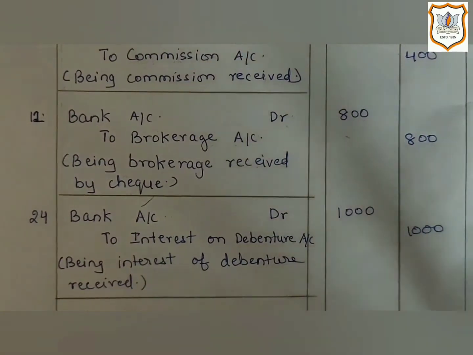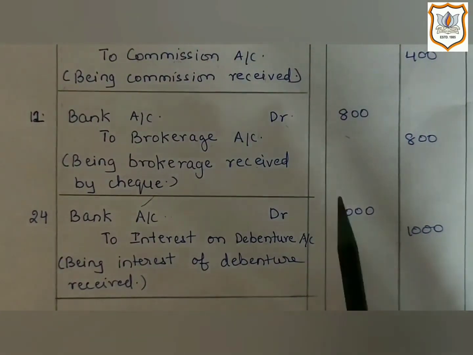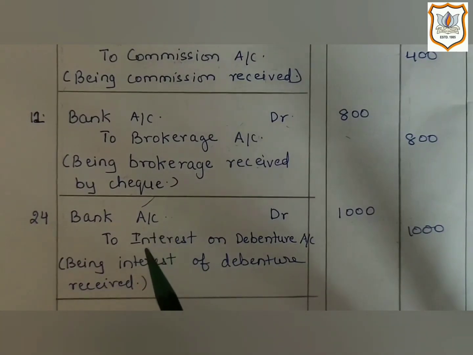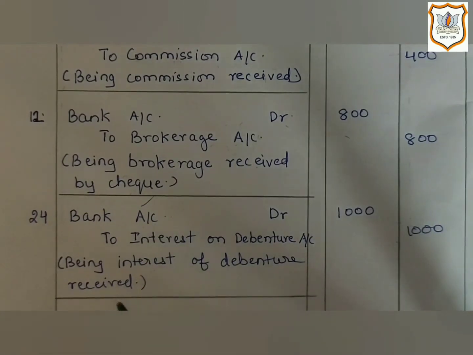Bank account will be debited by rupees 1000, as here bank is the receiver. Here we are receiving debenture interest. It is an income for us which increases our bank balance. So if you see from the viewpoint of modern approach, in that case also bank balance is an asset, and when asset increases, here bank balance is increasing.